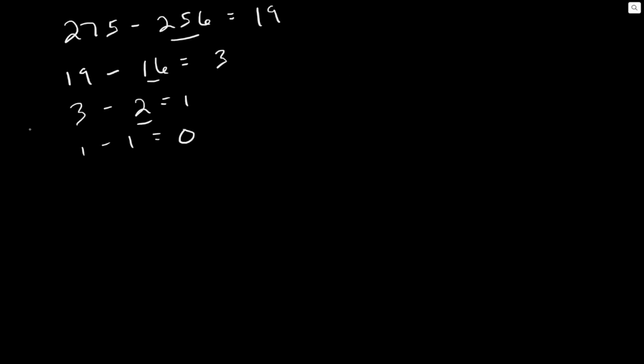So let's convert this into binary. Remember our powers of 2. 2 to the 0 is 1. Yep, we have that. 2 to the 1 is 2. We got that. 2 squared is 4. Nope. 2 cubed is 8. Nope. 2 to the 4th is 16. We got 16.